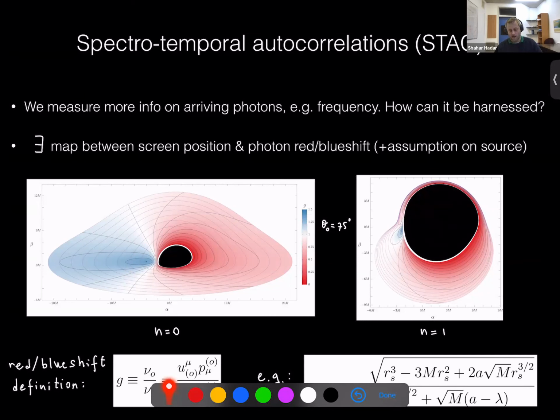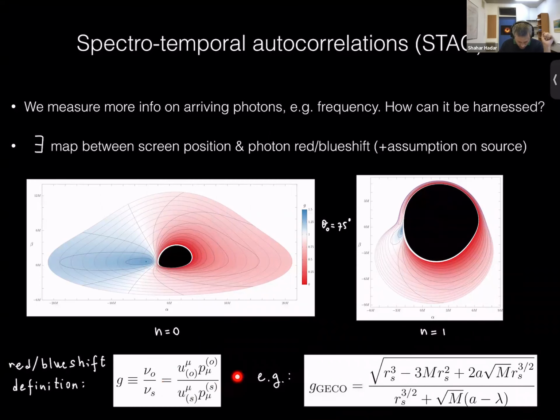So we have a clear example: imagine a collection of circular orbiters around the black hole, in equatorial orbits, and they emit monochromatically with some frequency. Let's say this frequency is 1 on this scale. They will arrive at different points on the screen with different frequencies determined only by GR.